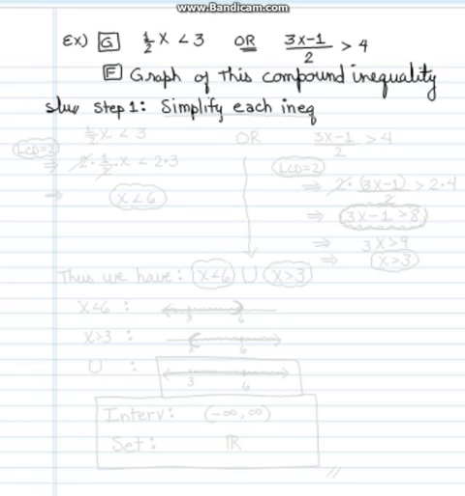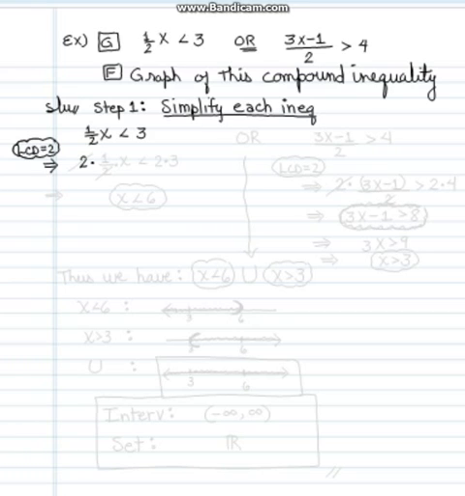Now to simplify, that means to get x alone on the left side. The first inequality is 1 over 2 times x is less than 3. First I want to get rid of the fractions, so I multiply both sides by the LCD, which is 2.